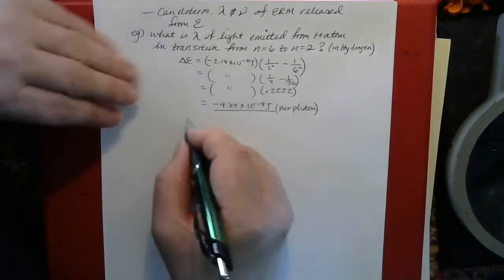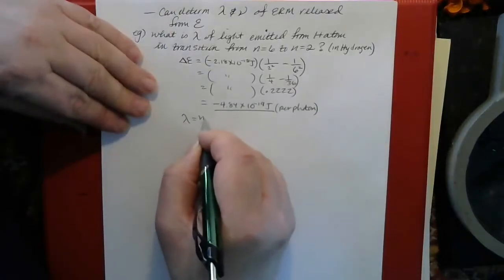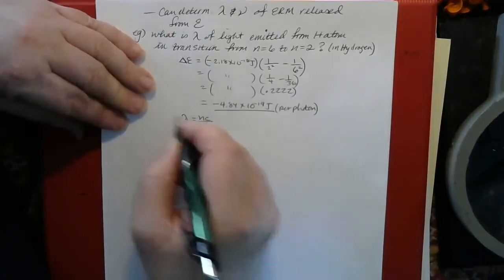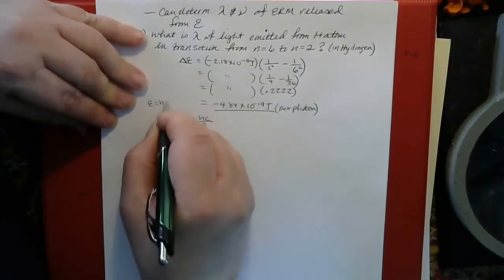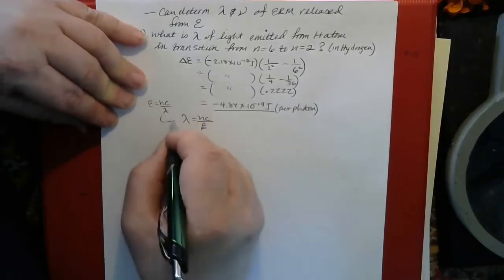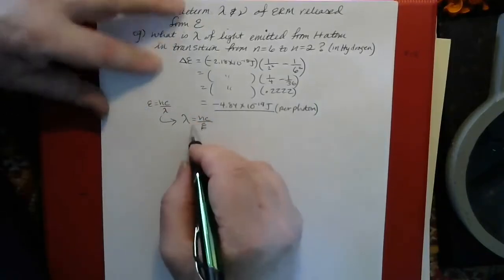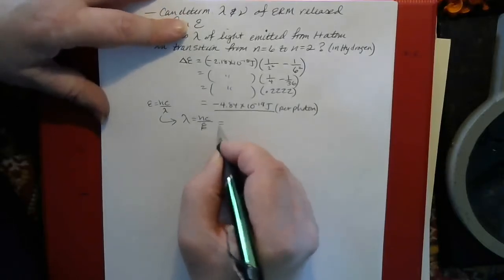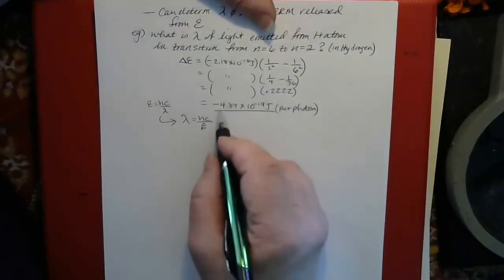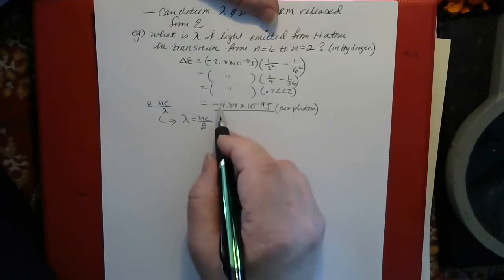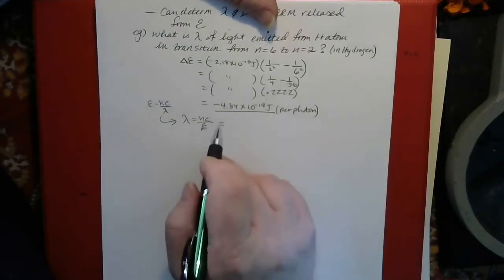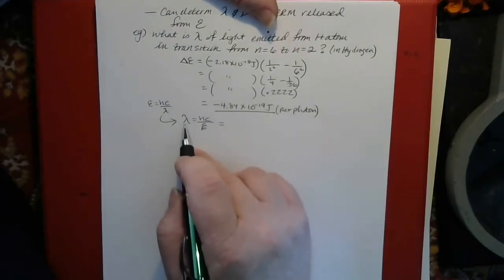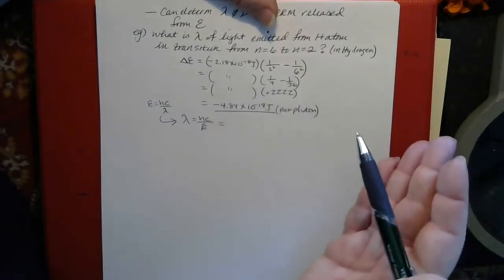In order to find the wavelength, we use E equals hc over lambda, and we rearrange it to find lambda is equal to hc over E. Okay, in this case, for the E, we drop the negative sign, because if we left the negative sign in, we'd come out with a negative wavelength, and that's not possible.